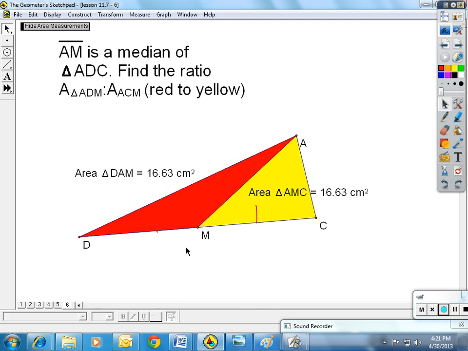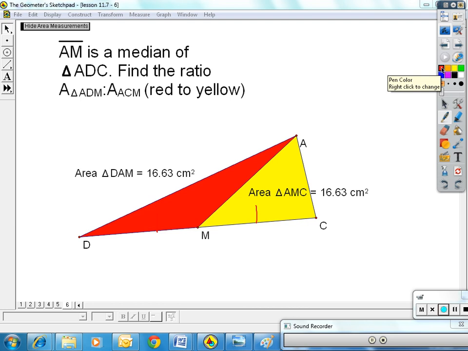Why is that the case? I will leave that for you for extra credit. Prove that when I have a triangle, the median divides the triangle into equal area regions.